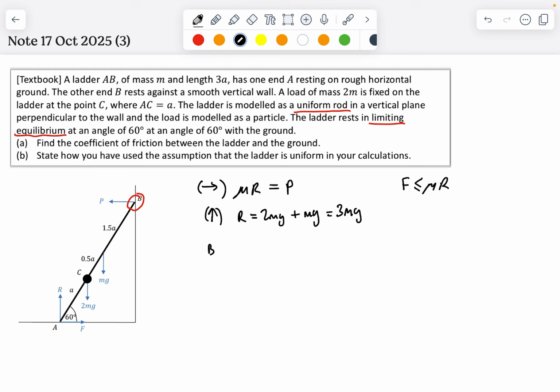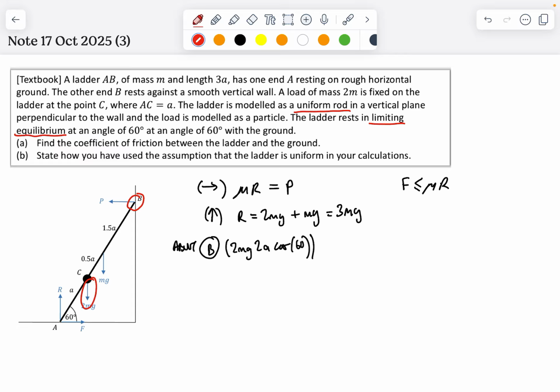So I'm going to do moments about B. From B, the first one I've got is my 2mg, and I can multiply that by the distance from the pivot, which is going to be 2a, times cosine of 60.